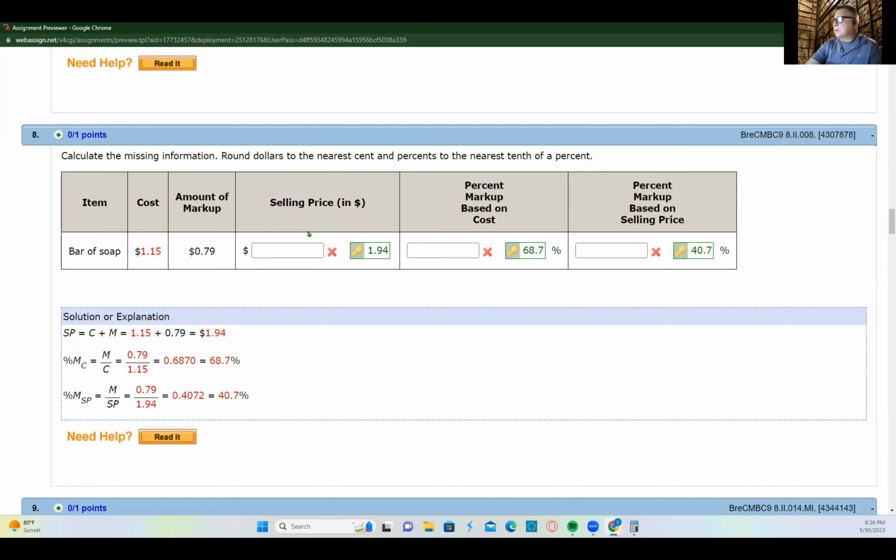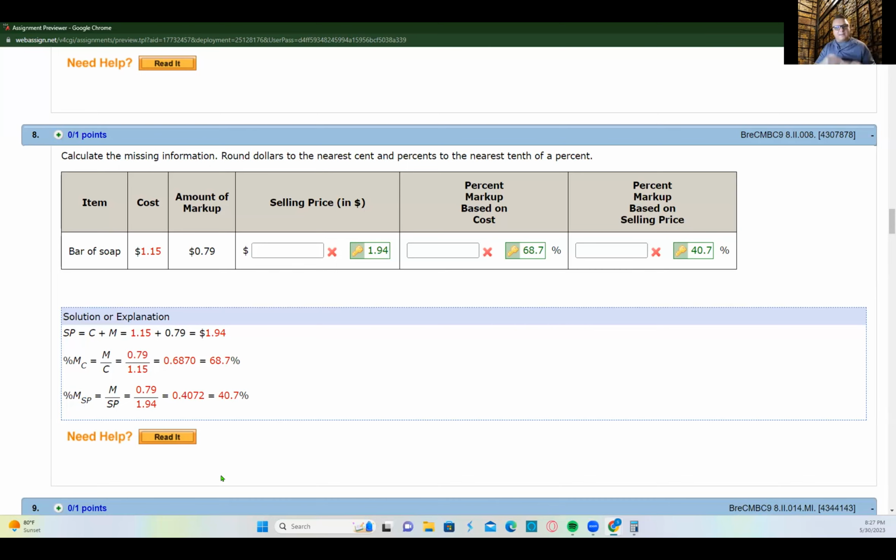Like this one, they're going to ask you for the selling price. If you've got cost and markup, that's a pretty easy one to find, right? Now, percent markup based on cost. If you look at these formulas here, your markup based on cost is your markup divided by cost. Markup based on selling price is your markup divided by selling price.